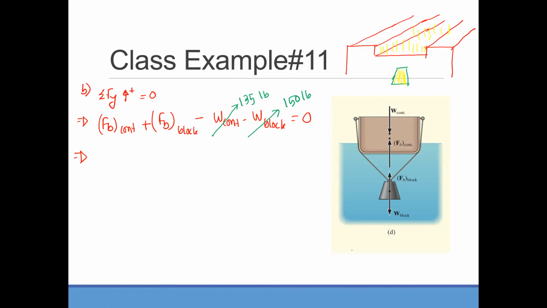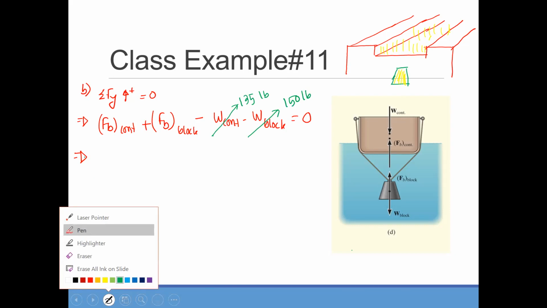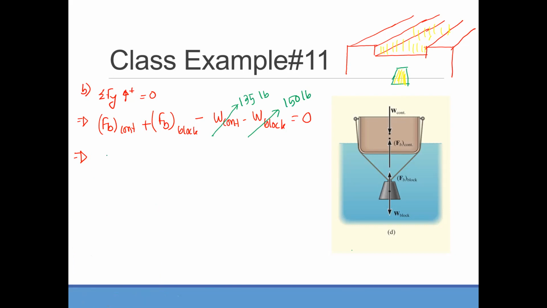We don't know the buoyant force for the container and the block, but we know it equals the weight of the displaced fluid.